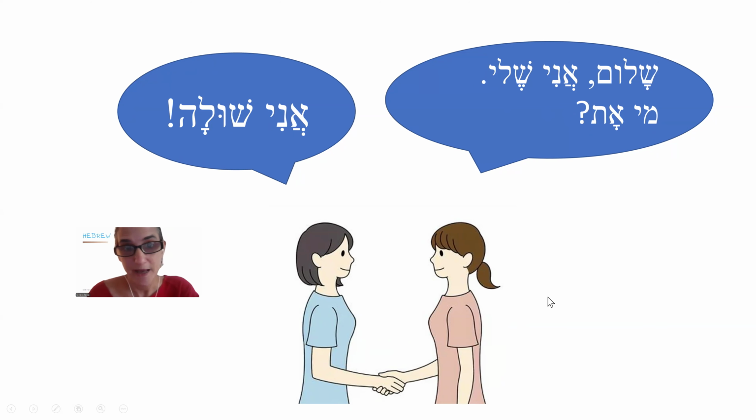And here too, we have a feminine version. So let's try again, try to read to yourself aloud with me. Shalom, ani Sheli. Mi, at?